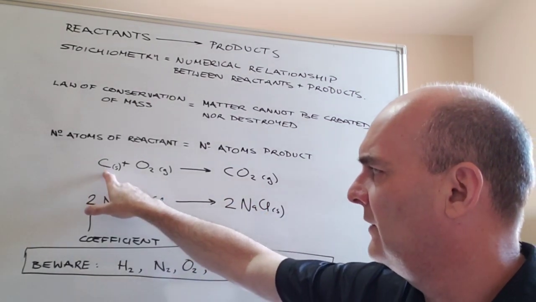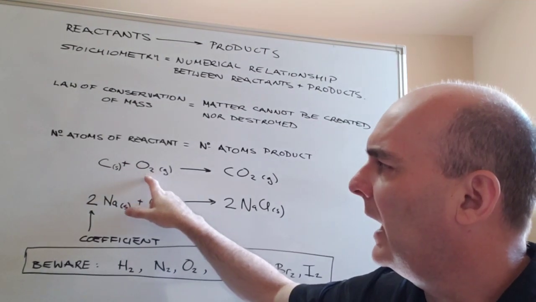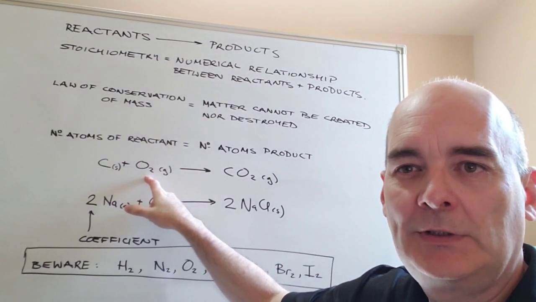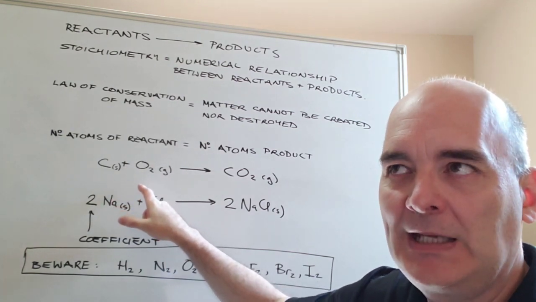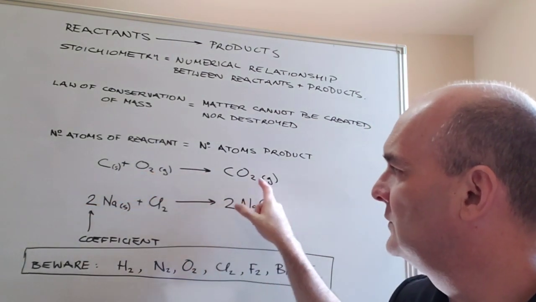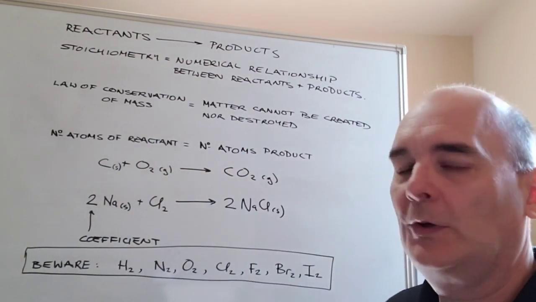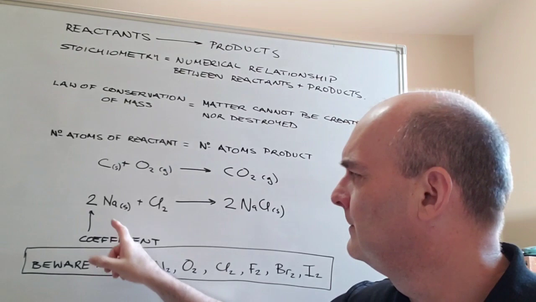Here I have one carbon atom, and oxygen exists naturally as an oxygen molecule that is two atoms combined together. So C plus O2 makes CO2. I have one carbon and two oxygens on this side, one carbon and two oxygens on that side. I'll talk a little bit more about that in just a second.